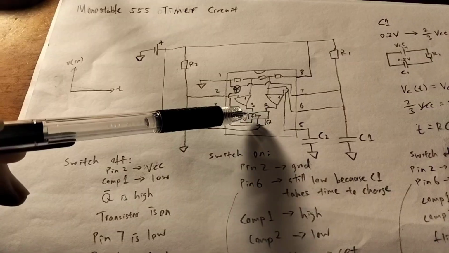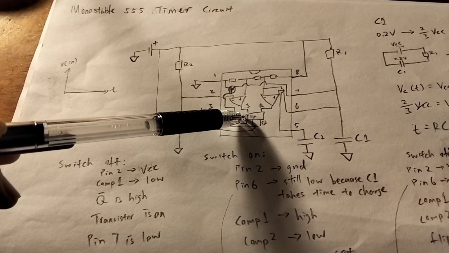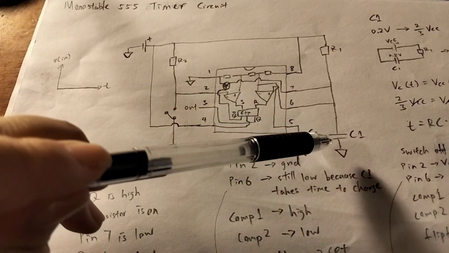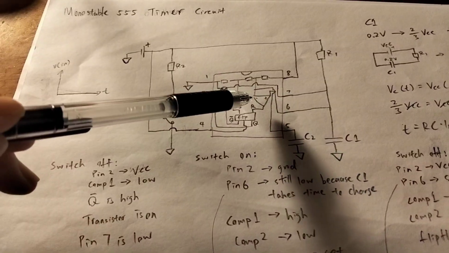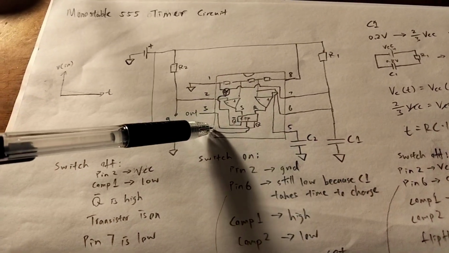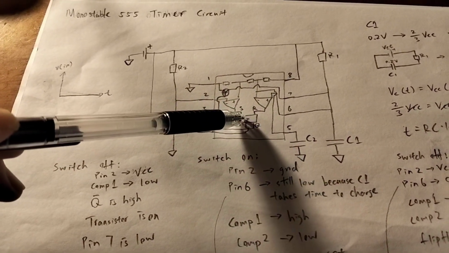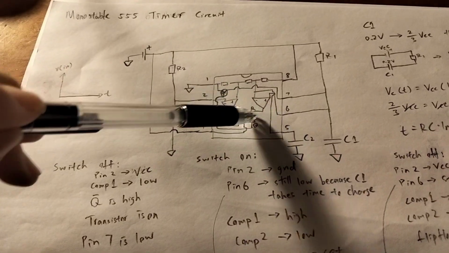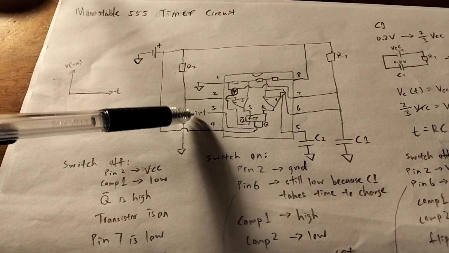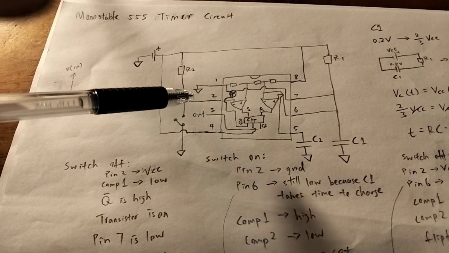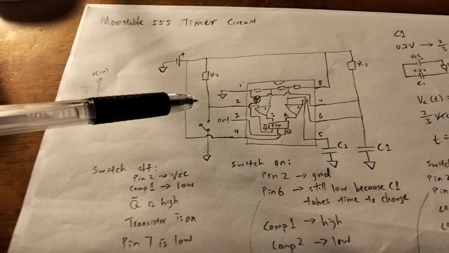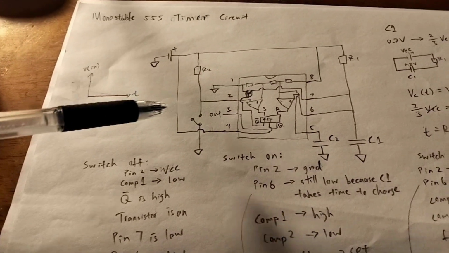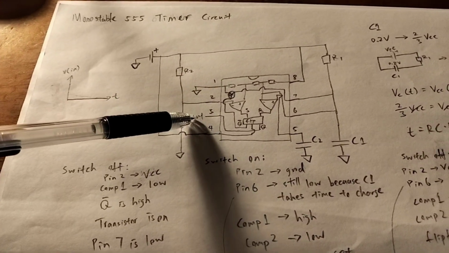Therefore the flip-flop will go high and stay high until 10 seconds pass. Then this comparator pulls high, and now the flip-flop gets switched to low, and then out becomes low again. So you expect a 10-second on time for the LED connected to out.